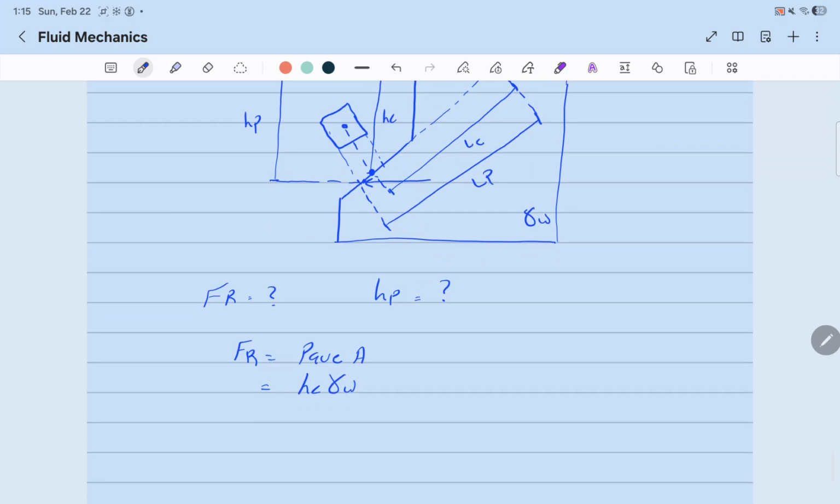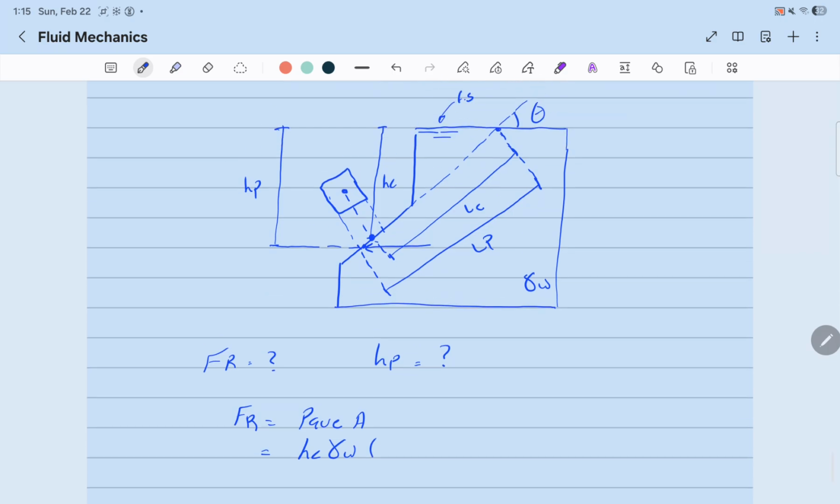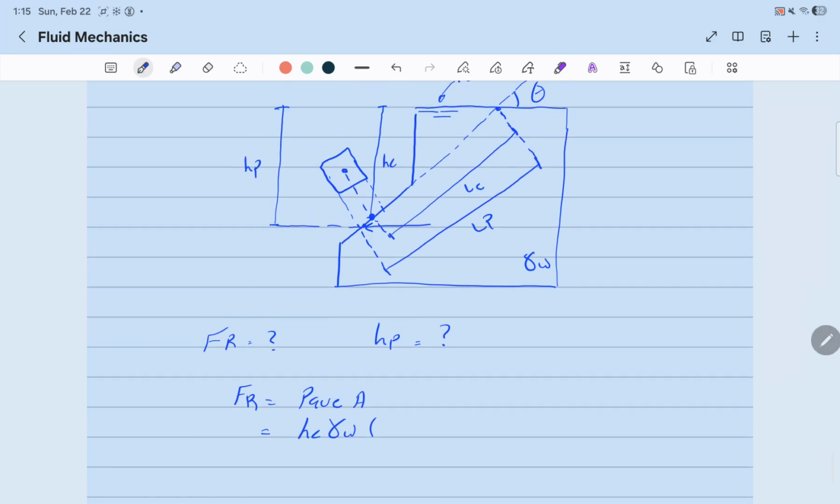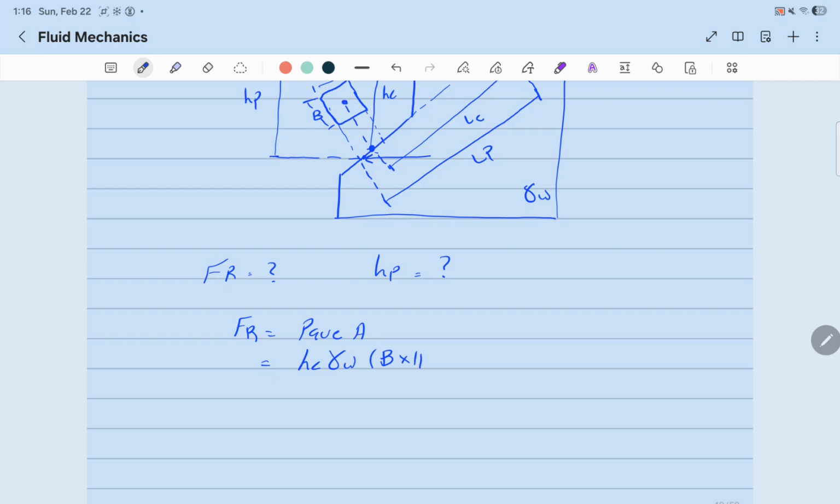The area is that of the submerged surface, a rectangle, so length times width. But there are certain dimensions you need to know, because later you need the moment of inertia to find LP. The base is called B and the height is called H, so the area is base times height.